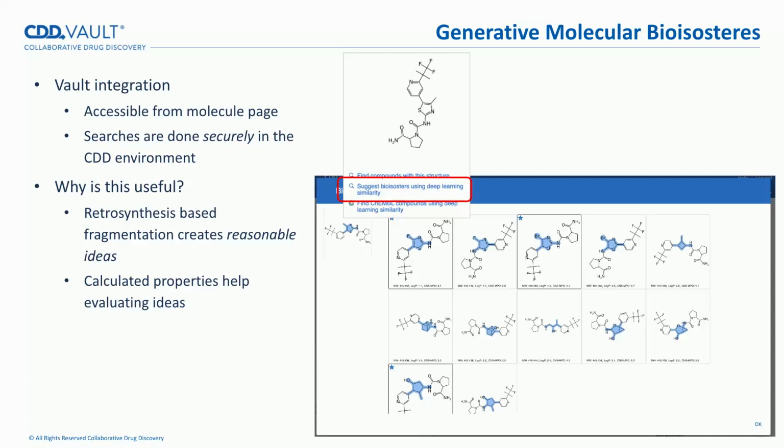Again, it's accessible from the molecule page. You click then this link here, suggest by isosteres, and you can see what you basically get. So in this case, it replaces this five-ring structure, and there are a few suggestions here. I'm pretty sure some of you will say, oh, you should never make that compound, but there are ways we can tweak that and work on that.